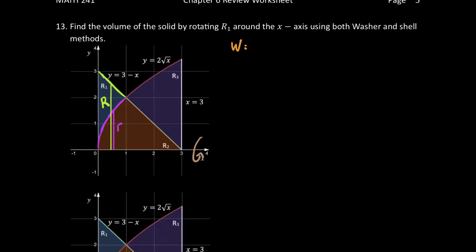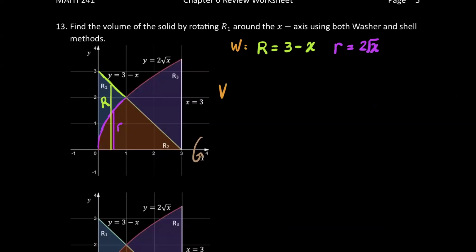And throughout the region, it's just one expression for big R and one expression for little r. So one integration formula can help us to find the volume. And washer method rotating around the x-axis, meaning we integrate with respect to x. So the big R in this case is 3 minus x. And the little r in this case is simply 2 square root of x.